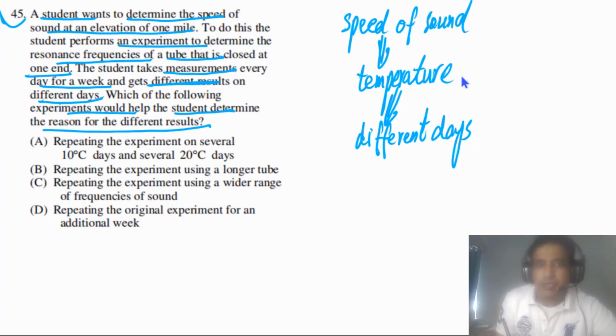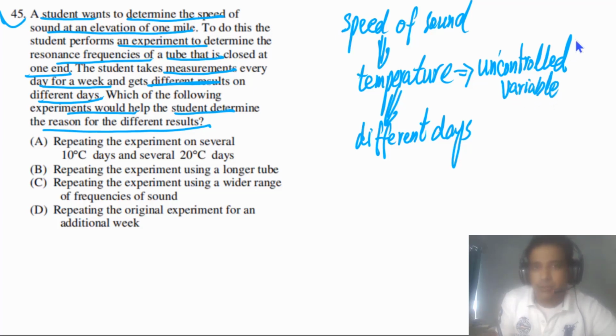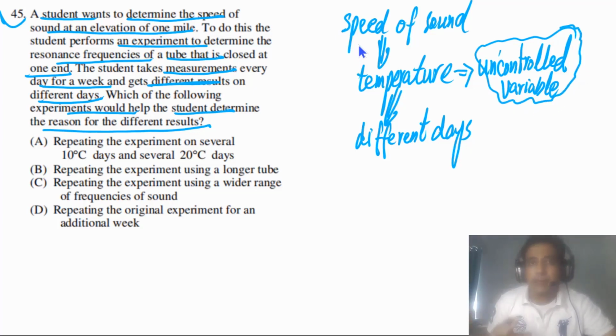So in this case, temperature is uncontrolled variable. Student is not controlling temperature. So due to change in temperature, speed of sound is different, and that's the reason his results are different.